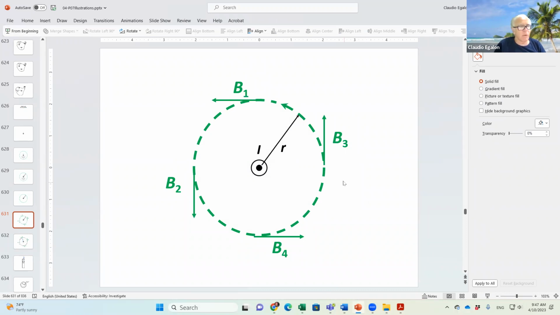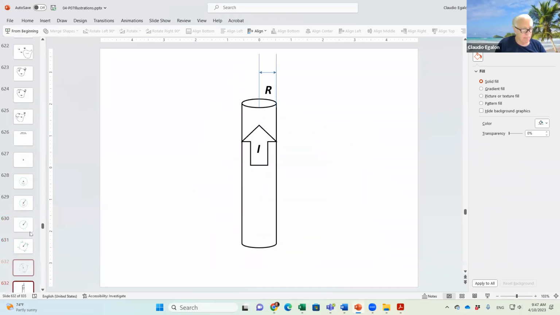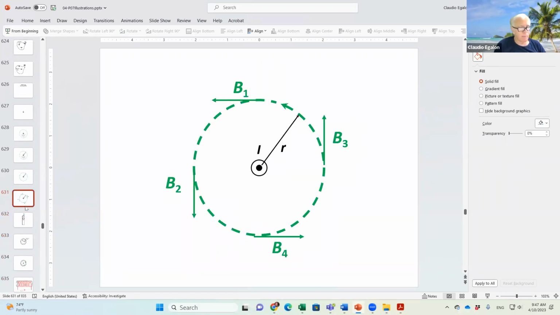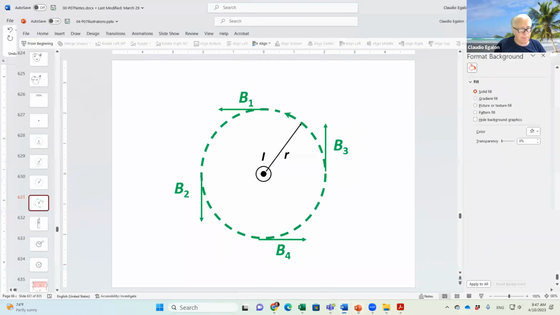Because the B field circulates around the wire and the path is centered in the wire, it's reasonable to state that the B field must be tangent to this circle. Okay? We're going to write it down.